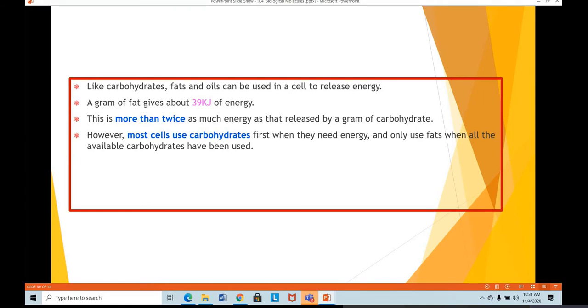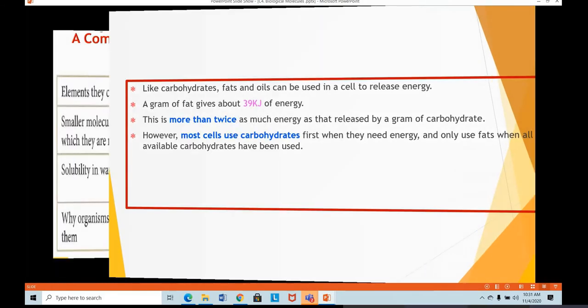So how much energy does 1 gram of fat yield? 39 kilojoules of energy. Very good. 39 kilojoules of energy, which is double the amount of energy released by carbohydrates, right? However, which is the first source of energy for the body? Is it carbohydrates or fats? Carbohydrates.